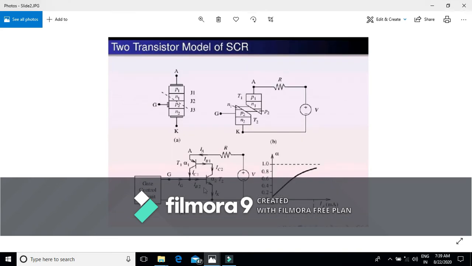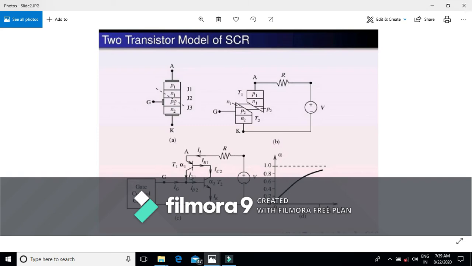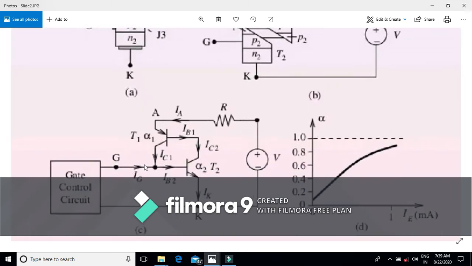Or we can say that on application of a small gate current, IB2 will be equal to IG. We are applying the base current for the transistor T2.